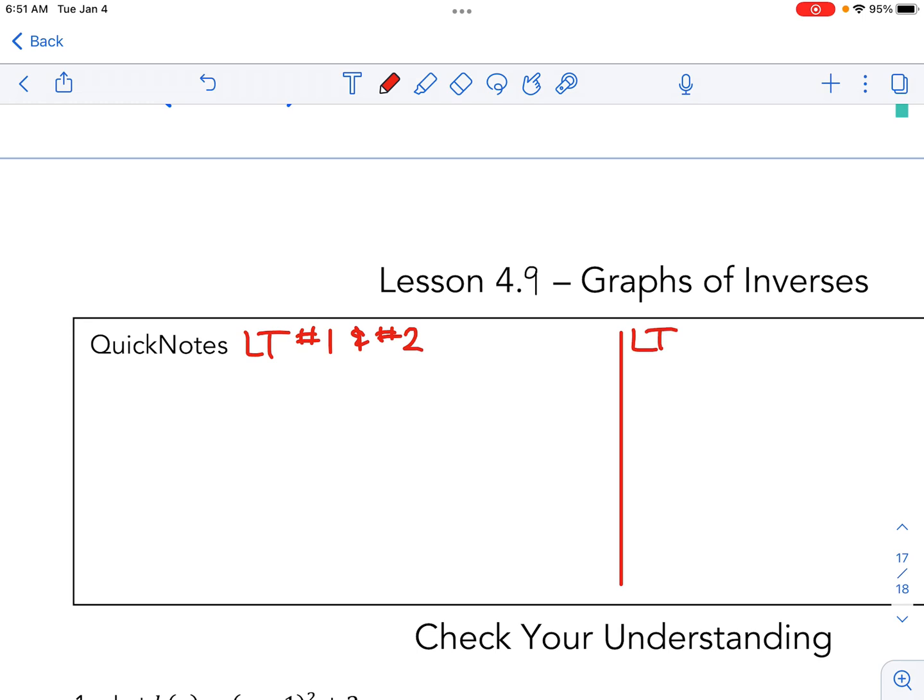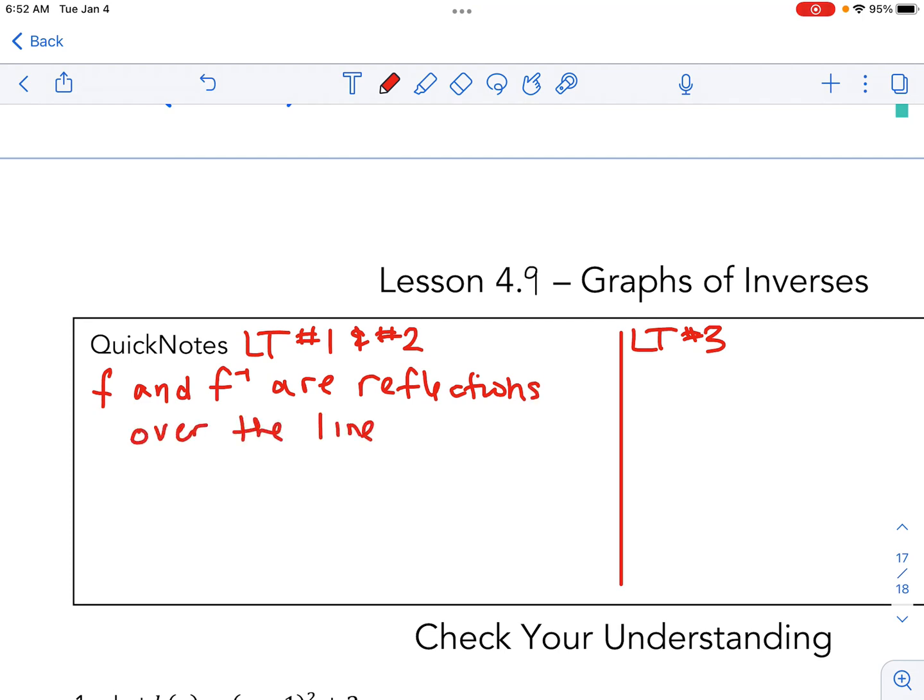It's actually 3 learning targets total, but the first 2 we're going to kind of combine. And that is that F and the inverse of F are reflections over the line y equals x.